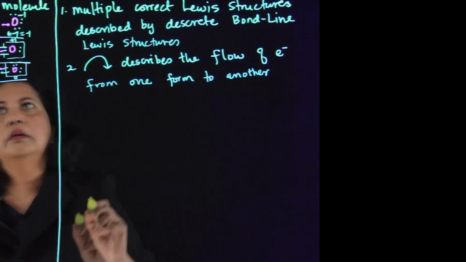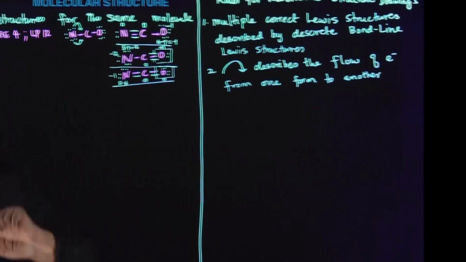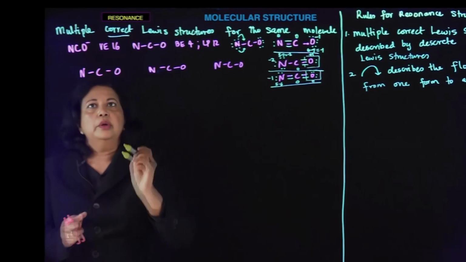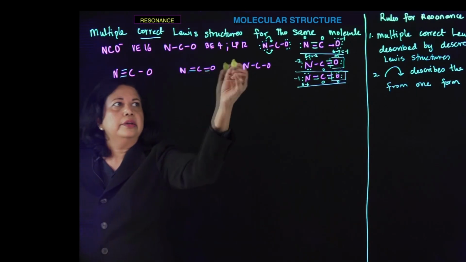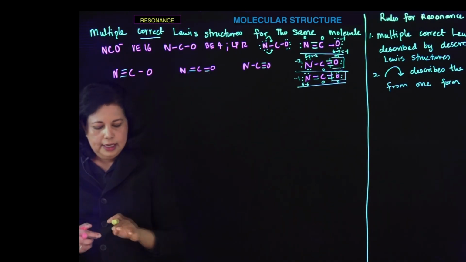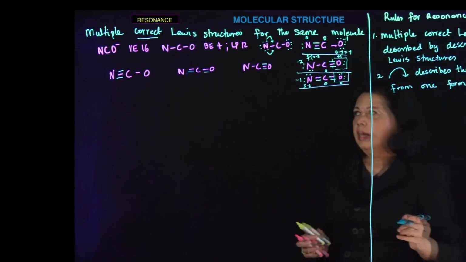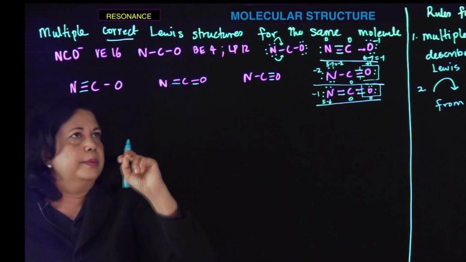Let's see how we can do that here. I'll redraw them. How do we go between the two? Here's one, here's the other, and here is the other one. We should always start the arrow at an electron-rich center.